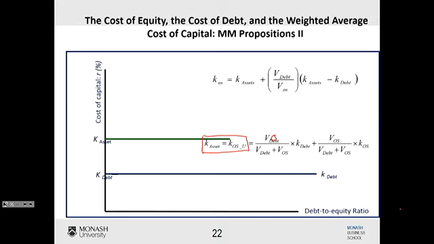The first piece, right? As long as you increase the debt to equity ratio, you're going to see that the cost of capital is going to increase.